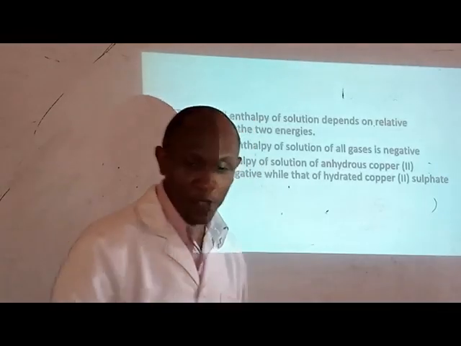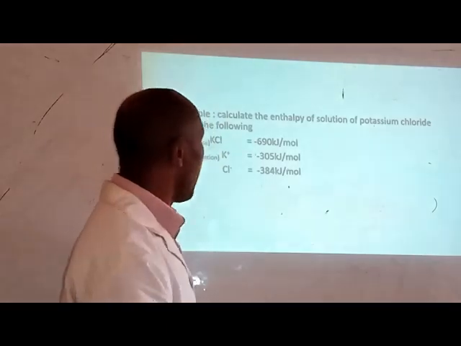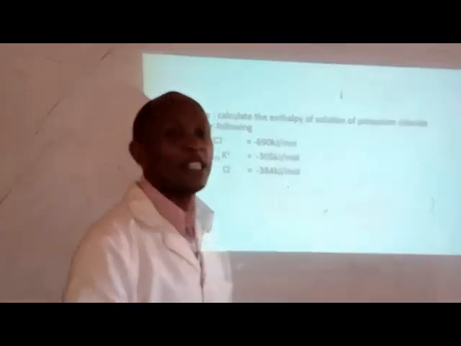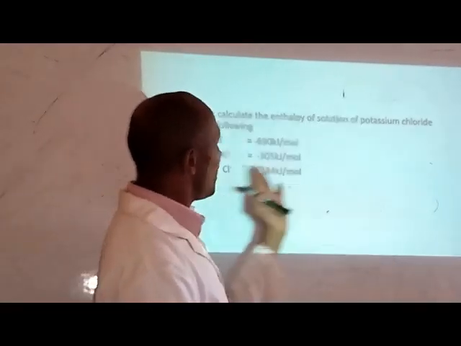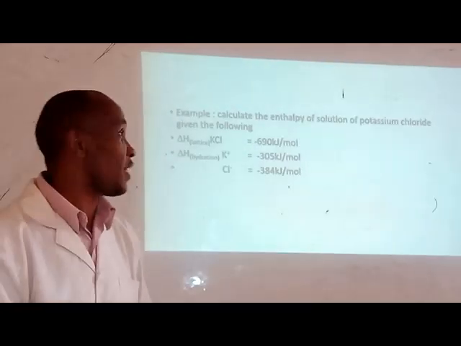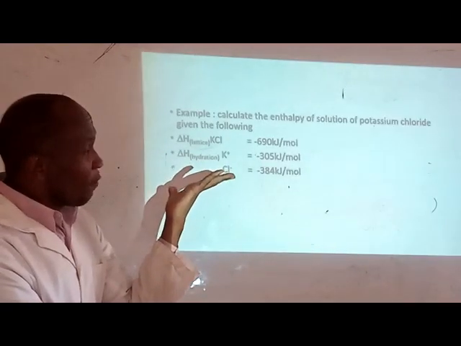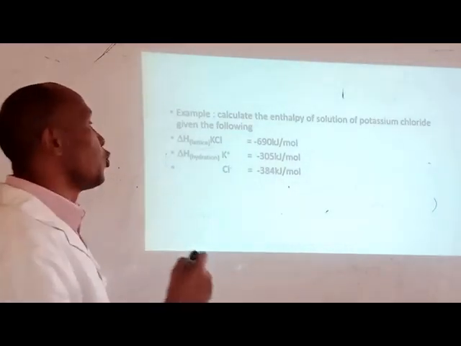Now, let us continue to see how we can use that. Therefore, Hess's law can be used to calculate enthalpies of solution. Now let's look, for example, at the dissolving of potassium chloride. That is the example that I have decided on. I can visualize this process as taking place in two steps.